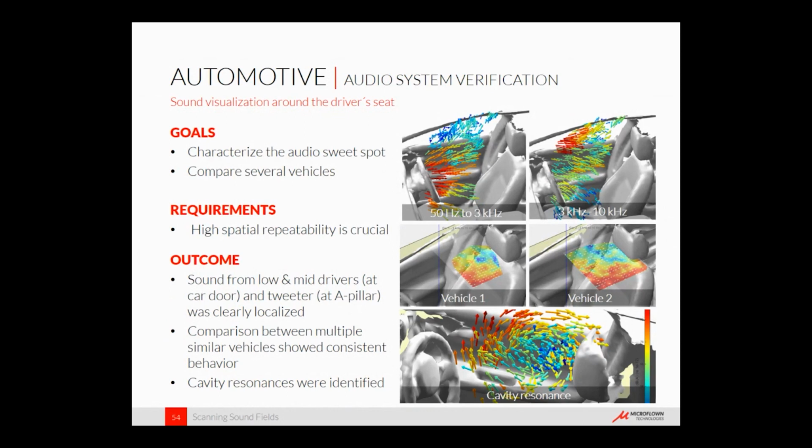What they did here was use it for audio system verification. In this car a new audio system was installed, and they wanted to characterize the audio sweet spot and verify the audio systems of several equal vehicles.